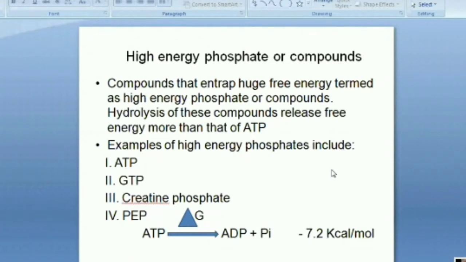These are the high energy phosphates. Compounds that store free energy are termed high energy phosphate compounds.